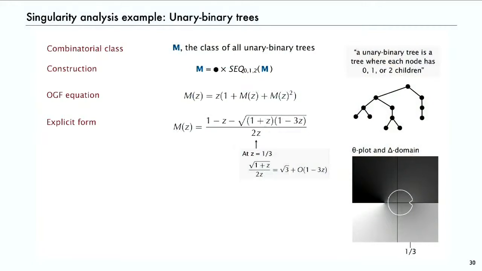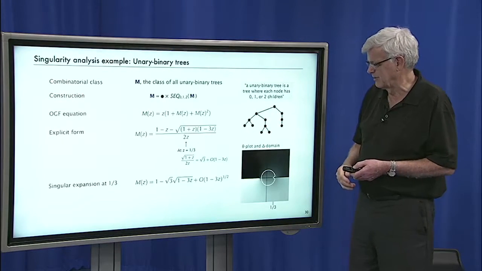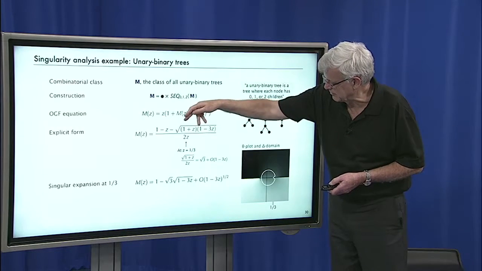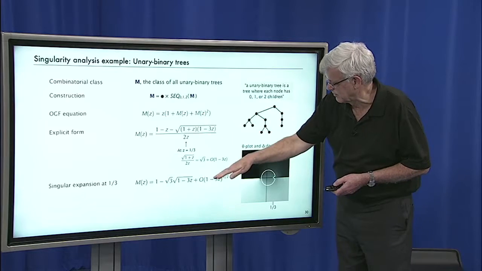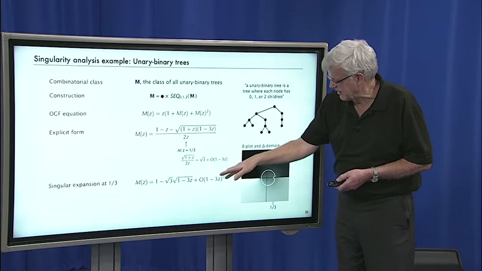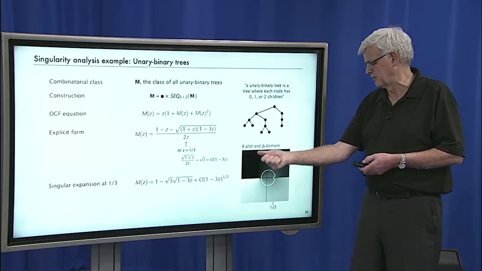That's square root of 3. And then if you multiply that expansion times square root of 1 minus 3z, and then take care of this at z equals 1/3, it's just (1 minus z) over 2z is 1 at z equals 1/3. Then you have the square root of 3 times square root of 1 minus 3z, and every term in the expansion has another factor of 1 minus 3z multiplied in.